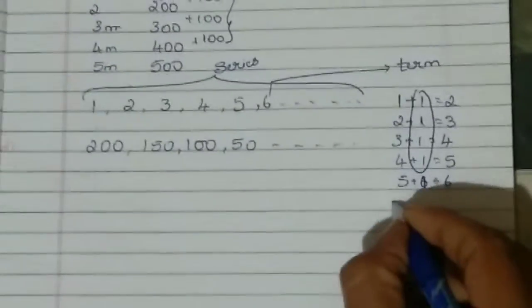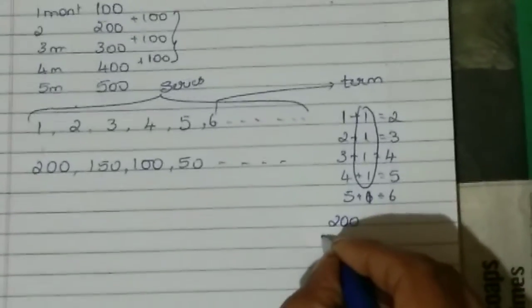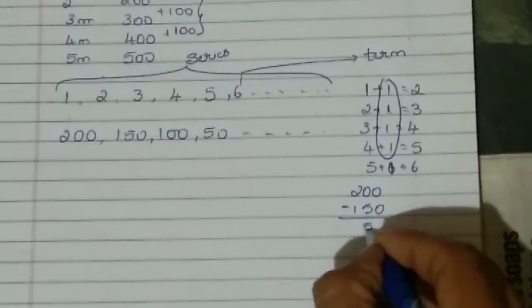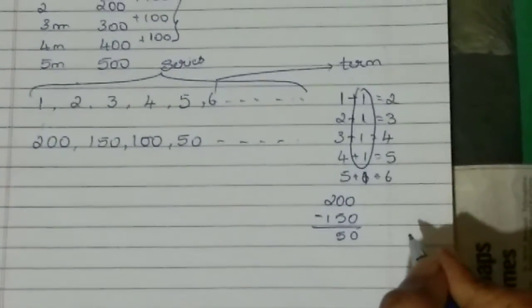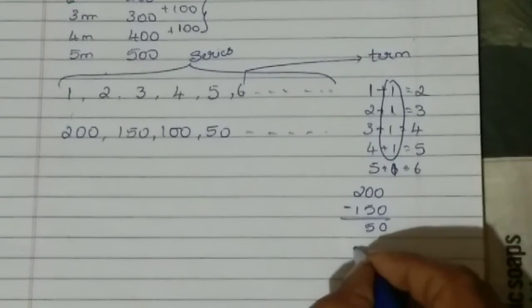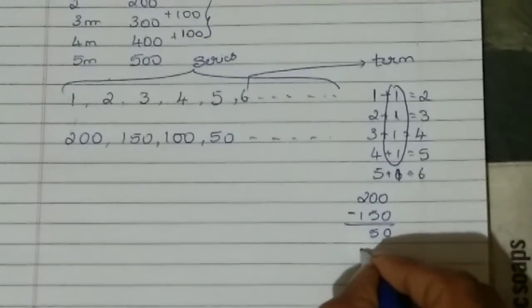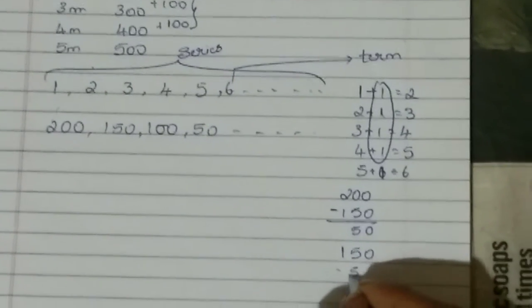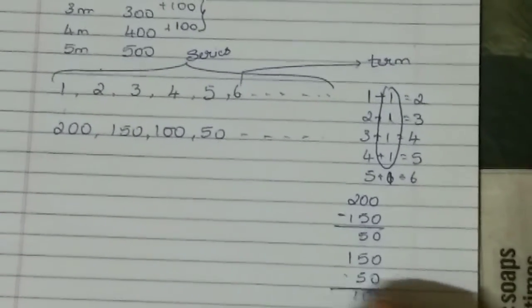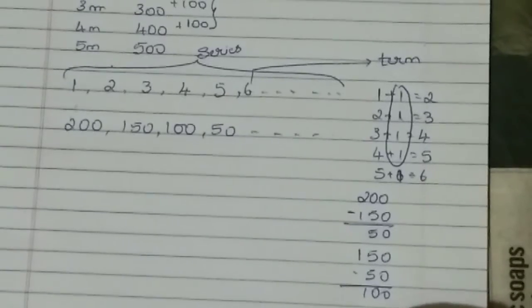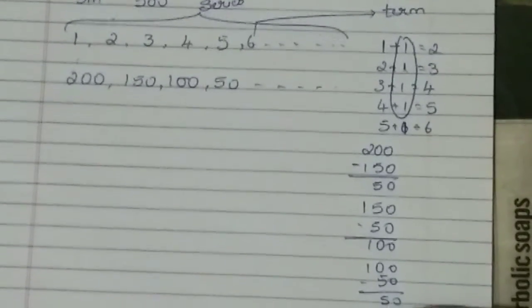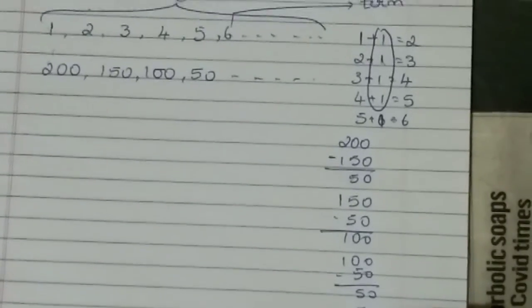So 200 minus 150 is 50. The common difference: 150 minus 100 is 50. 100 minus 50 is 50. So 50 minus 50 is 0.